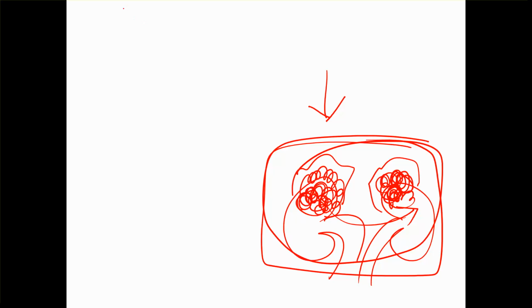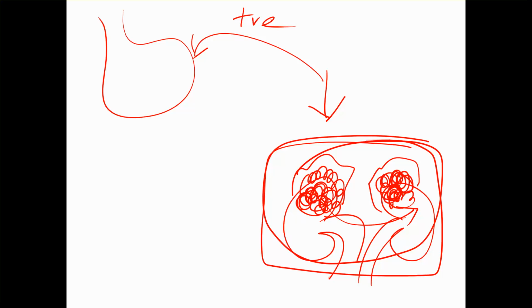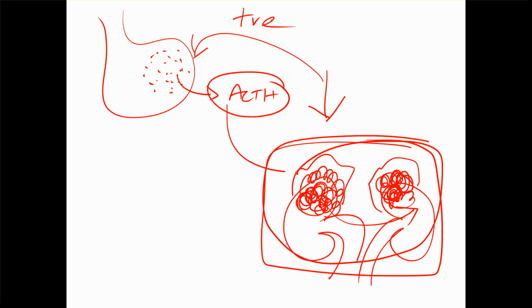What happens? That will immediately produce the positive feedback on the pituitary. Now the pituitary gland goes for hyperplasia and they secrete ACTH. When they secrete ACTH, the ACTH has to go and act on the adrenal gland, but there is no adrenal gland here.